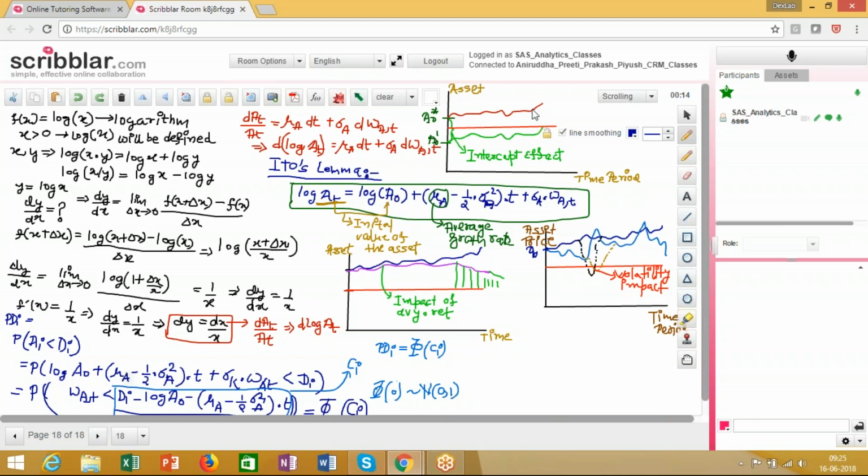Now let us have a look into the following. What are the things that we had seen? We saw that the log of AT was driven by the initial value of the asset. It was driven by the average growth rate of the asset, and it was negatively impacted by the variation or the volatility.